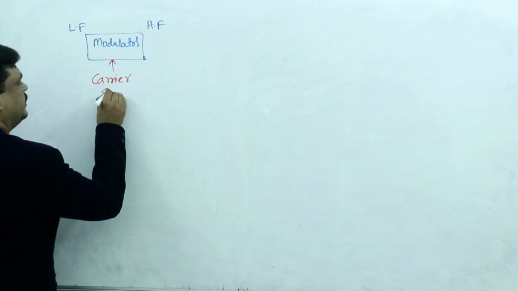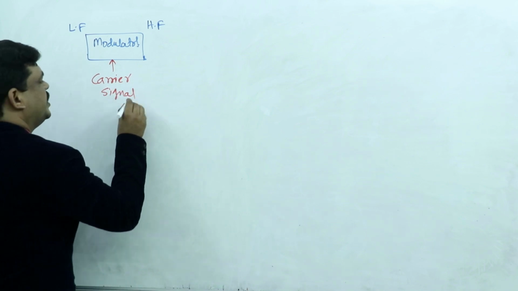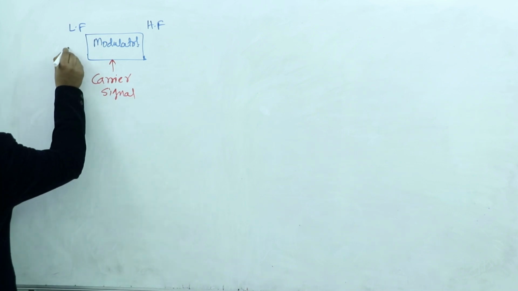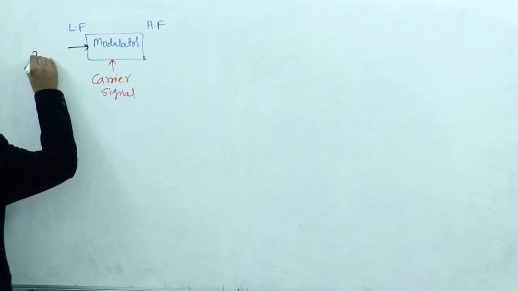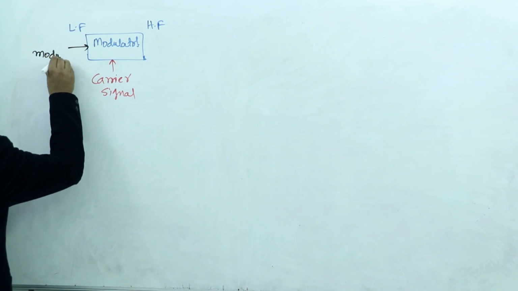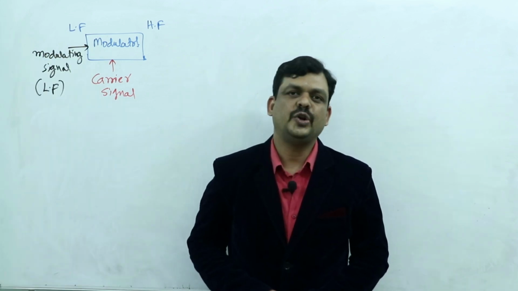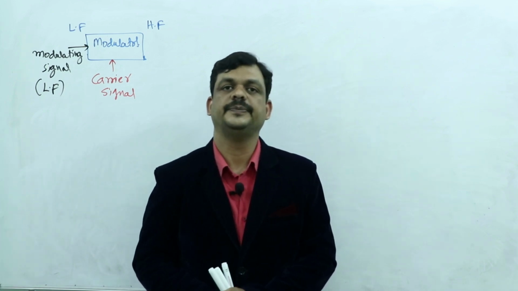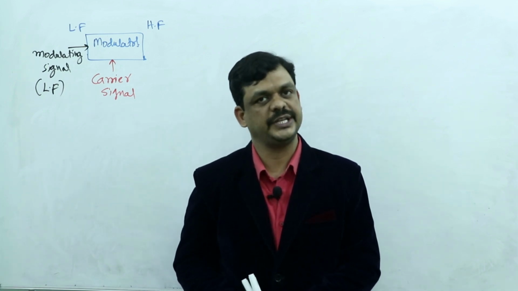The carrier signal, right? So the generally available information, the input of the modulator, is called the modulating signal. Modulating signals are generally available signals like voice signal, audio signal and video signal.